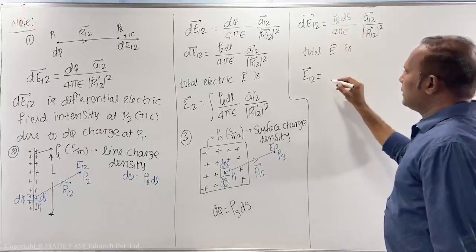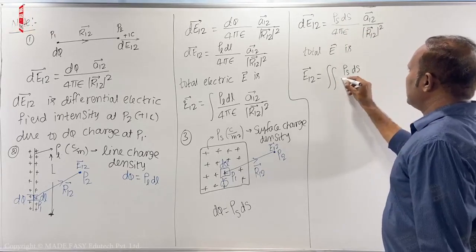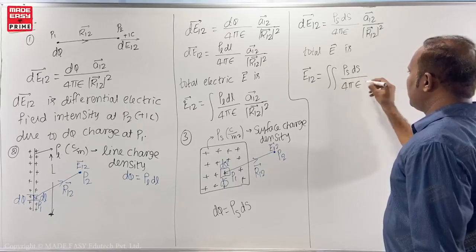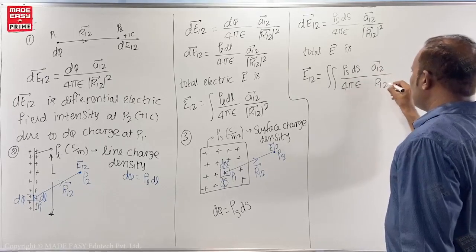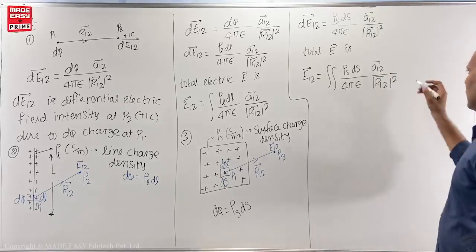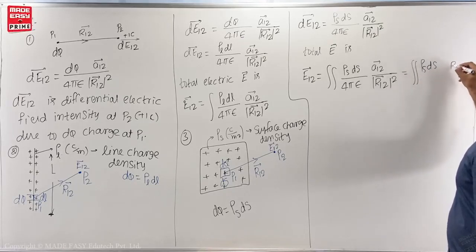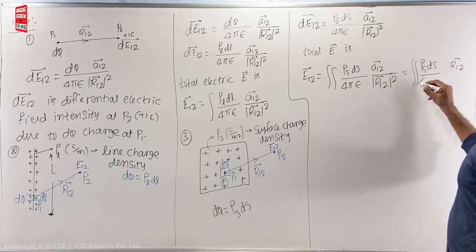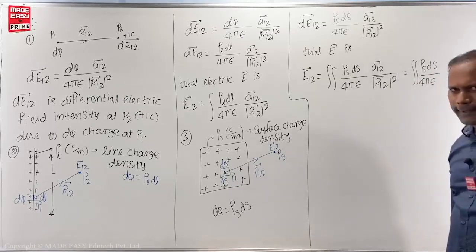Double integral. So double integral rho s ds divided by 4 pi epsilon and A12 bar divided by modulus of R12 whole square. If you want, you can write like this: double integral rho s ds r12 bar divided by 4 pi epsilon modulus of r12 whole cube.